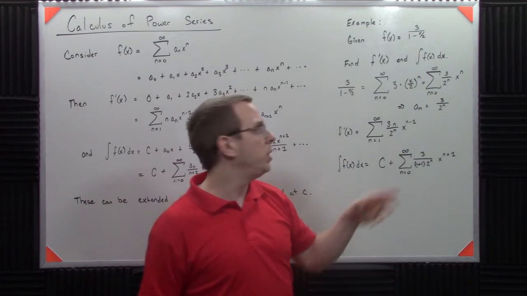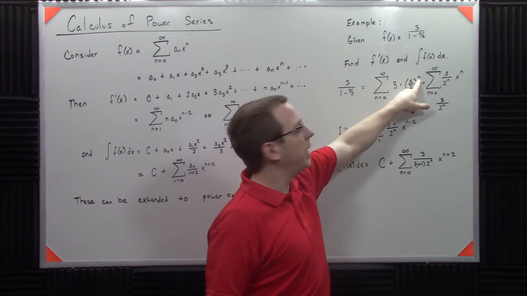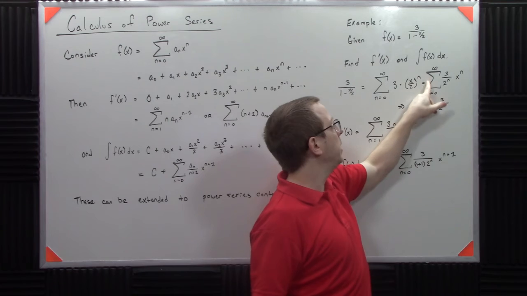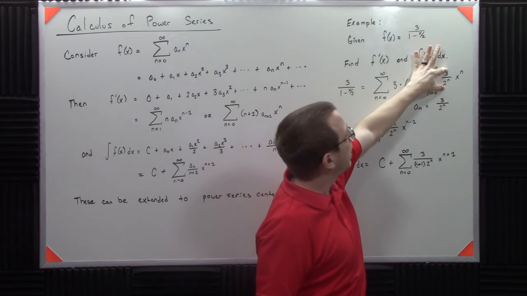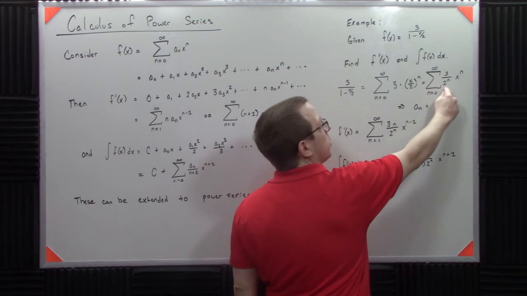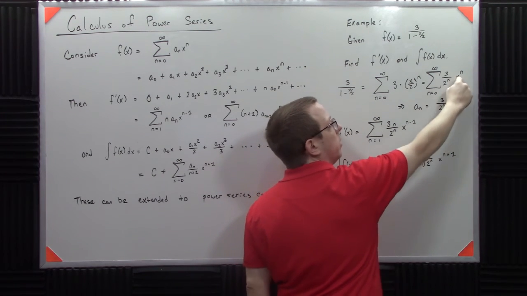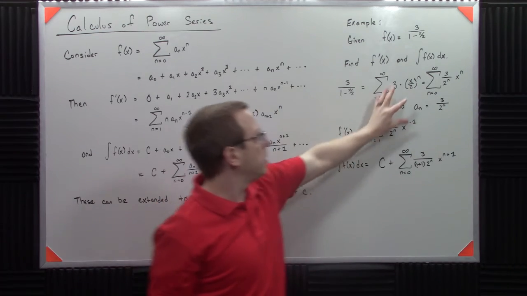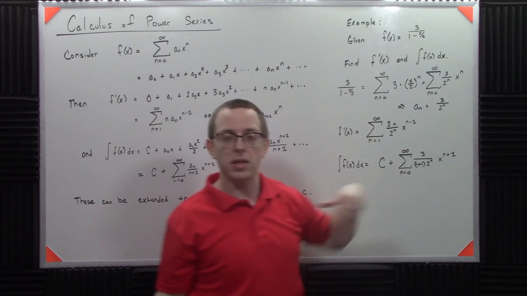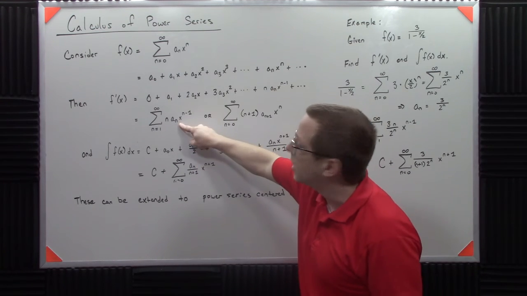Now what I also did is I distributed the nth power, so I have x to the n divided by 2 to the n, and I split that off. The reason I want to split that off is because now I have some sort of a sub n term, 3 over 2 to the n times x to the n. So this is a sub n times x to the n. That's useful because notice all of our formulae use a sub n and x to the n.